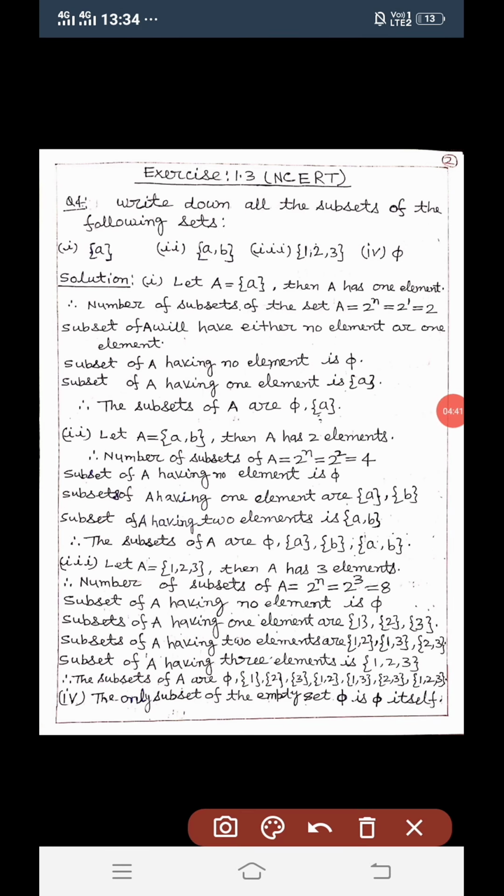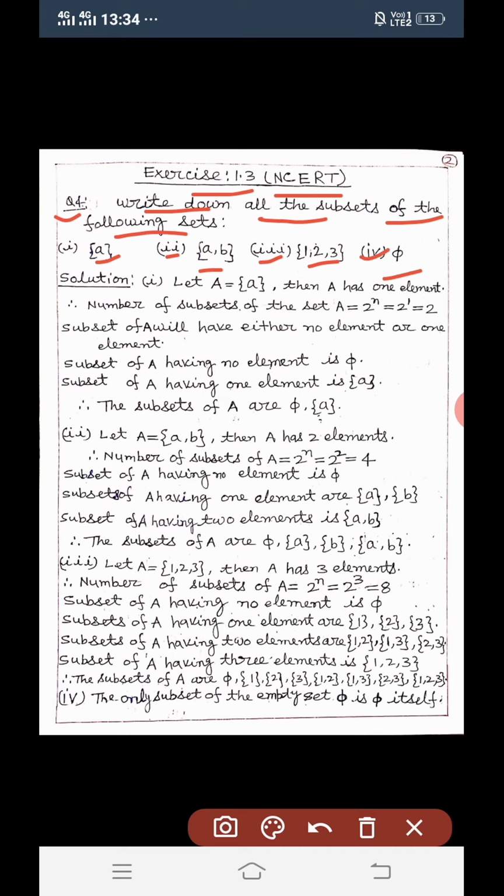Now we discuss the solution of questions of exercise 1.3 from NCERT. Write down all the subsets of the following sets: first, {a}; second, {a, b}; third, {1, 2, 3}; fourth, phi.